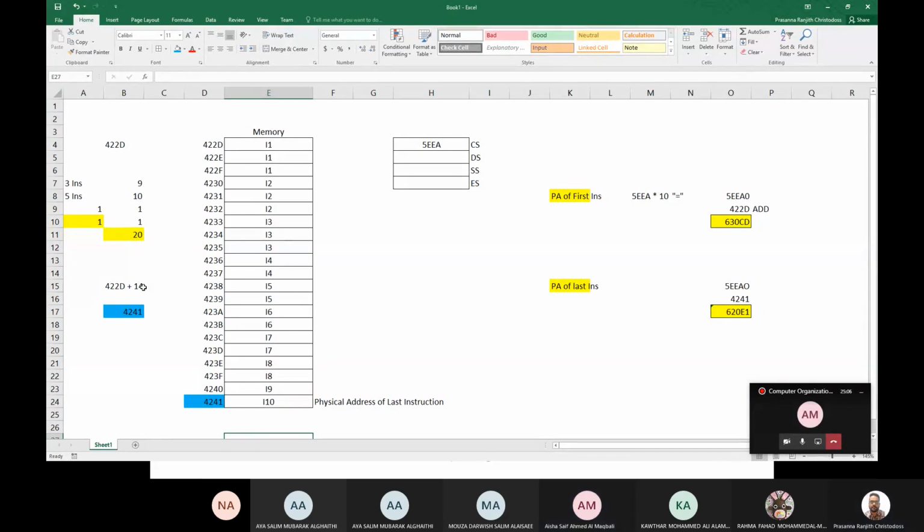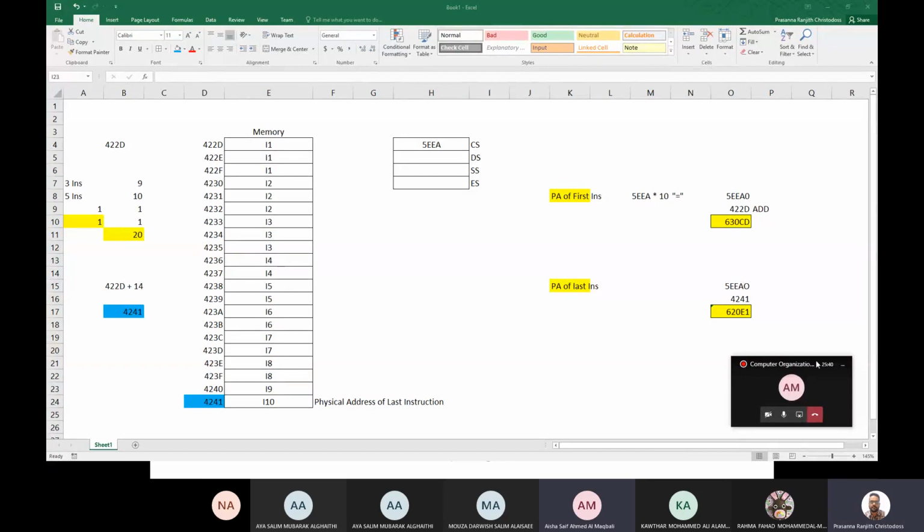The hexadecimal of 20 is 14. 16 is 10, 17 is 11, 18 is 12, 19 is 13, and 20 is 14. That is the hexadecimal equivalent. Okay?